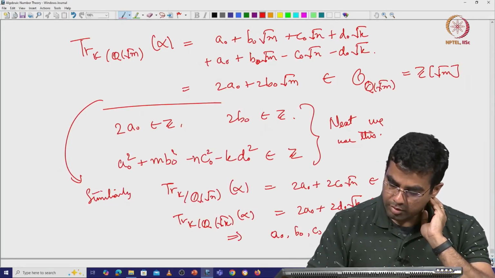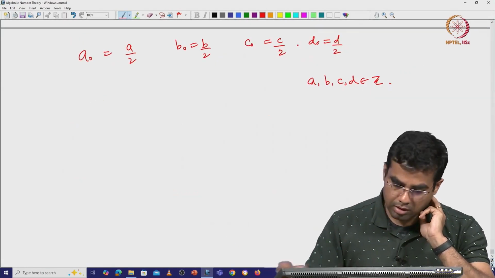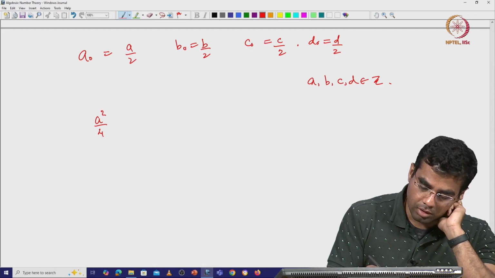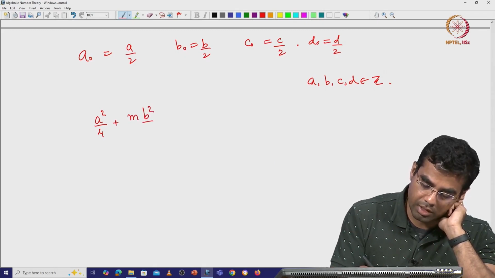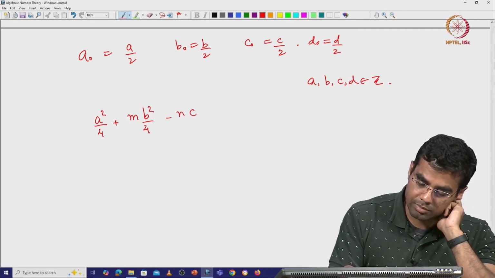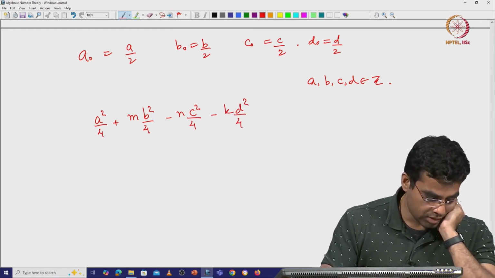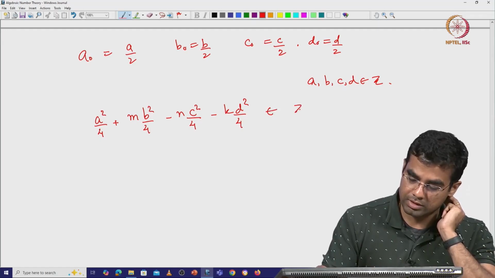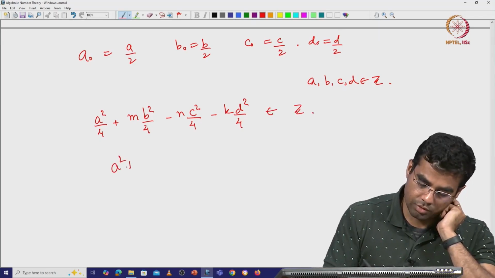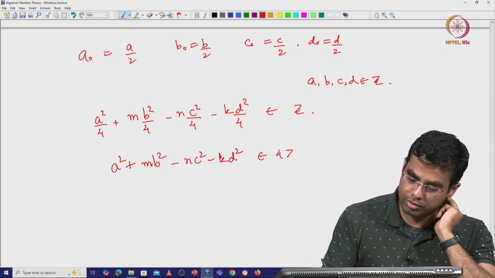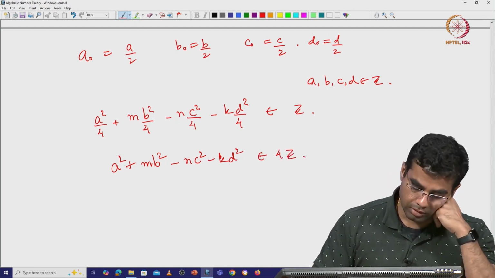And so, if I go back to my equation here, I get a squared by 4 plus m times b squared by 4 minus n times c squared by 4 minus k times d squared by 4 is inside Z, and so I get a squared plus m b squared minus n c squared minus k d squared is inside 4Z, right.